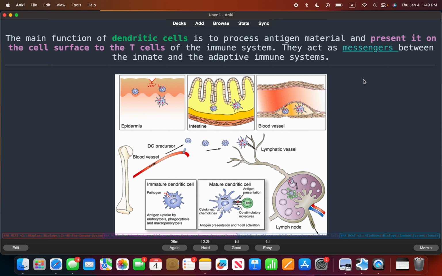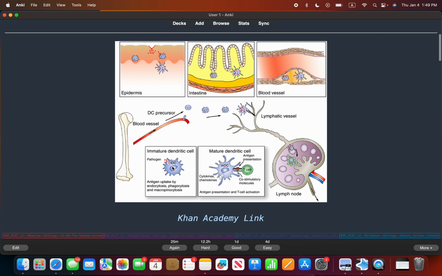So dendritic cells are the messengers between the innate and adaptive immune system. The main function of them is to process antigen material and present it on the cell surface to the T cells. So we have epidermis and intestine and blood vessels. And in the blood vessel, we have immature dendritic cells.